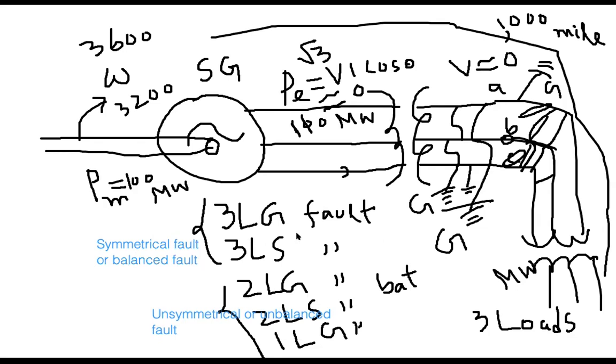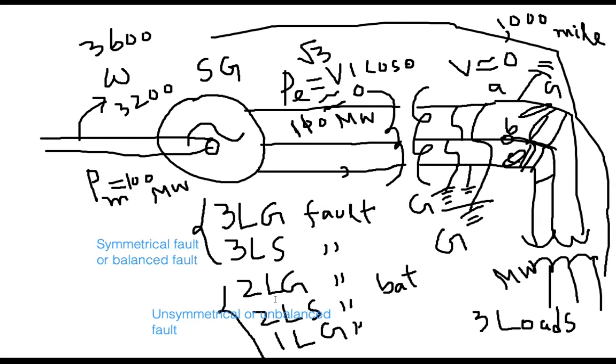It happens, but rarely. But unsymmetrical or unbalanced faults are more frequent, and they make the system unbalanced. That is why at the very beginning of this course we studied 3-phase circuits, balanced and unbalanced systems. We learned those things to analyze this situation, because in real practice the unbalanced situation happens.